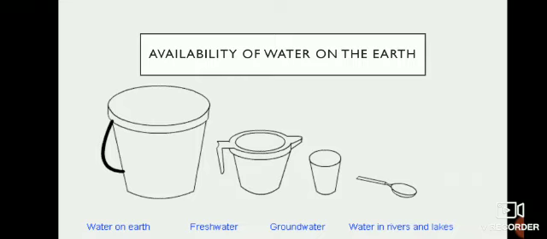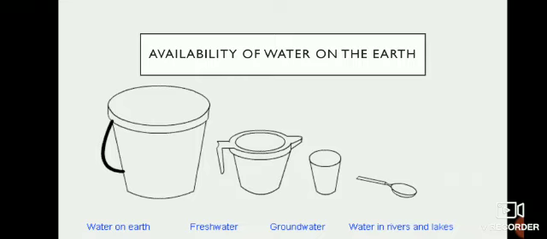Next, finally, take 1/4 of water from the mug into the spoon. The remaining water in the mug represents fresh water which is present in frozen form or in snow-covered mountains, that is glaciers and polar ice caps.